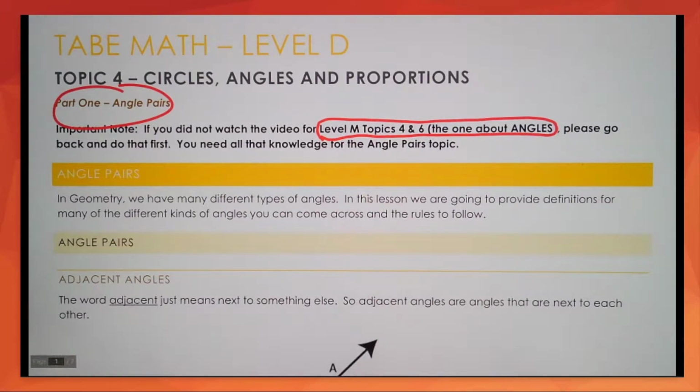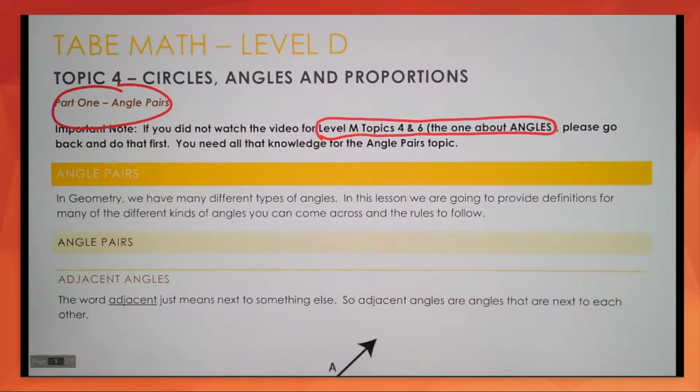If you haven't done that video yet, or if you don't remember much about that part of it, I highly recommend that you go back and watch that first before you try to do this section, because this might be a little over your head if you haven't done the prerequisite stuff.